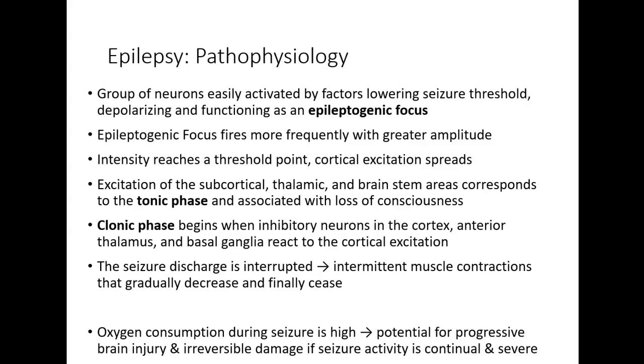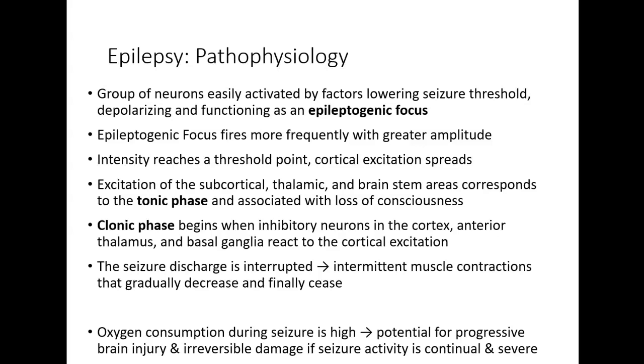So this epileptogenic focus fires more frequently with greater amplitude, and you end up getting these tonic-clonic seizures. Again, these definitions in here, like bullet points 4 and 5, you don't need to know that the tonic phase is associated with loss of consciousness, and clonic, you don't need to know that.